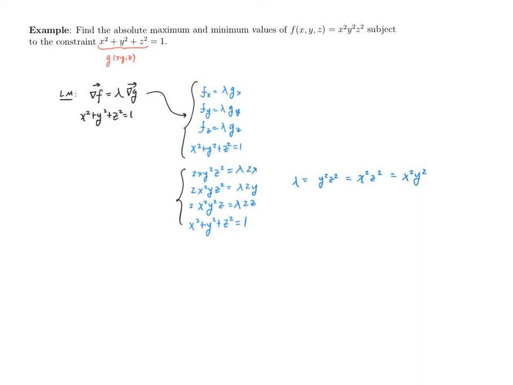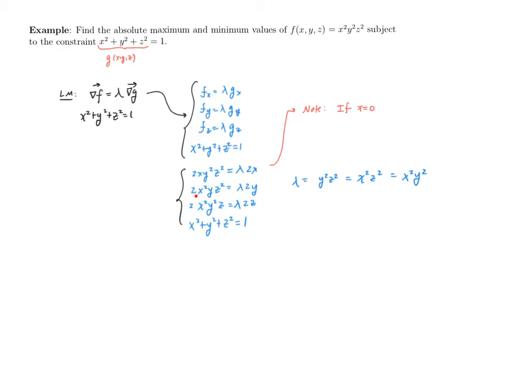And note, if you were paying particular attention in our previous video when we were talking about dividing by lambda, you might be worried about a particular occurrence. Is it possible for x, y, or z to be 0? So let me just note, if x is equal to 0, just for fun, then in the first equation you would have 0 equals 0, and you're good to go.